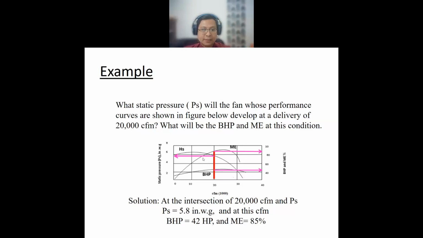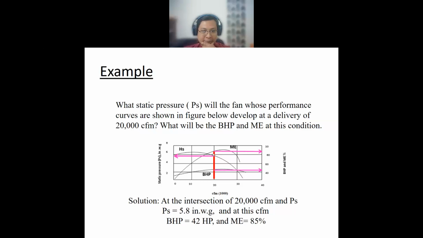Okay, this one is mechanical work, and this one is the static pressure, and this one is BHP, and then we can measure to relate.